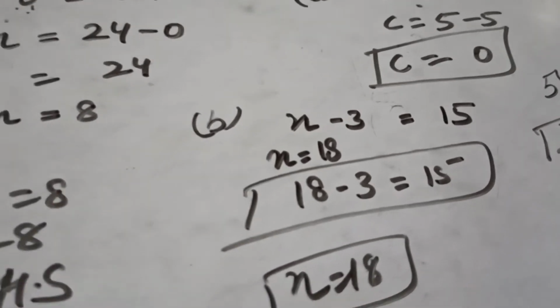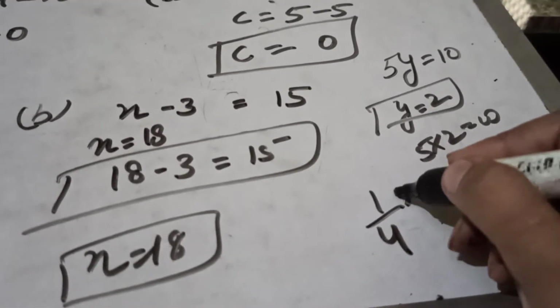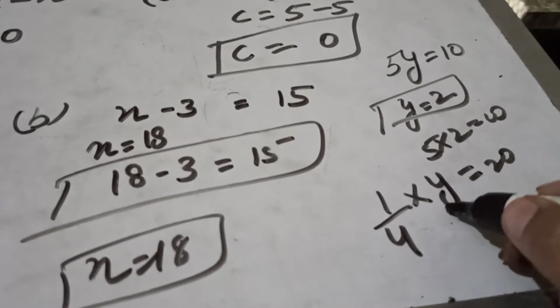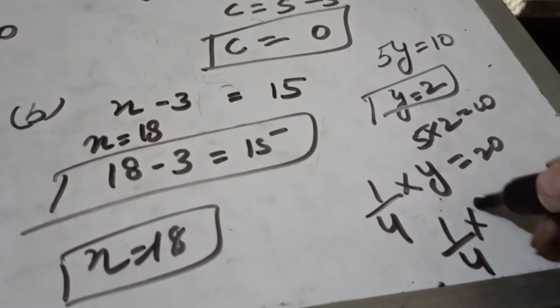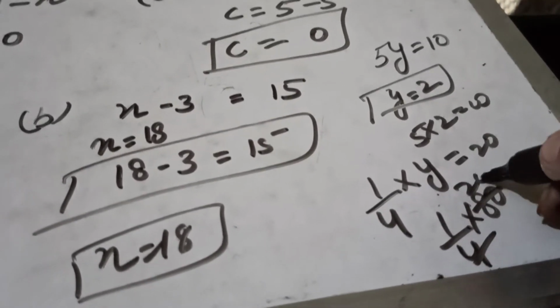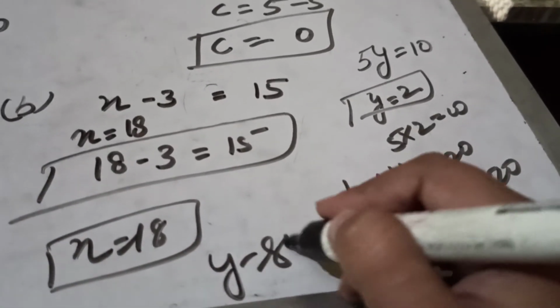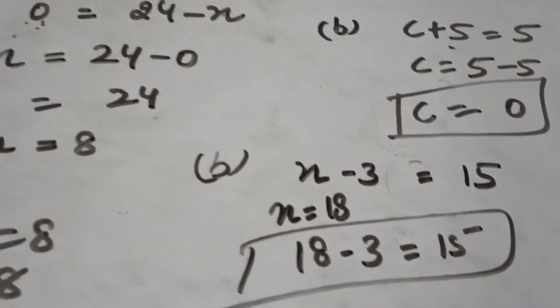D part, 1/4 of a number. 1/4 of means multiply. y by 4 equals 20. So what comes here? 80. 4 20s are 80. So the value of y is 80. Right? You have to find the values.